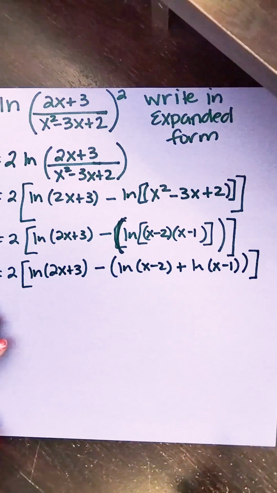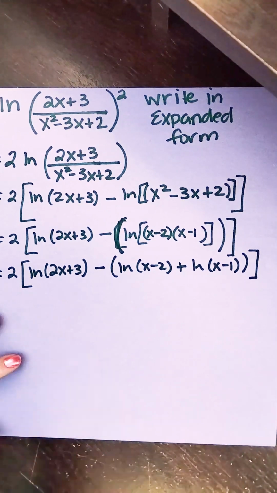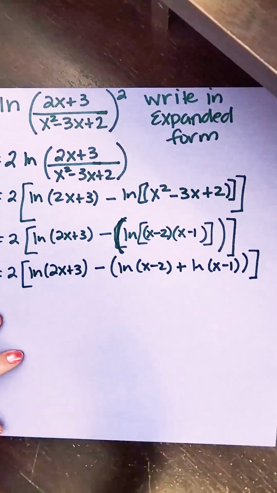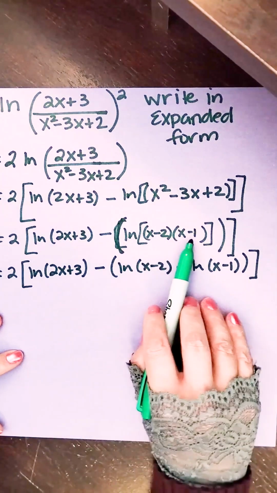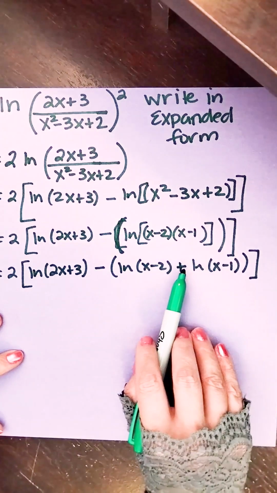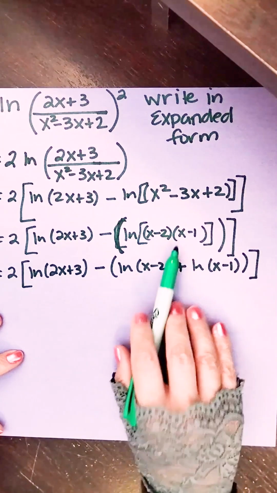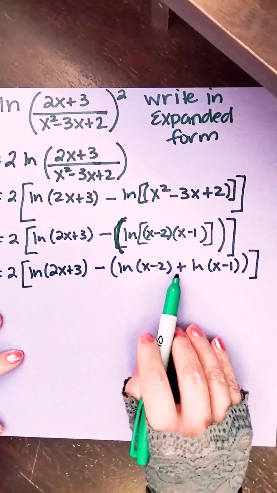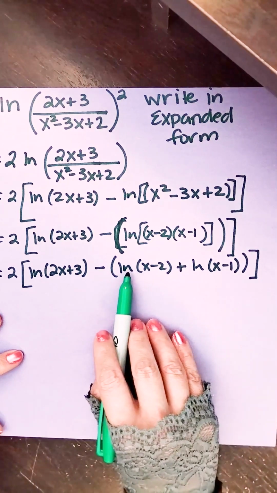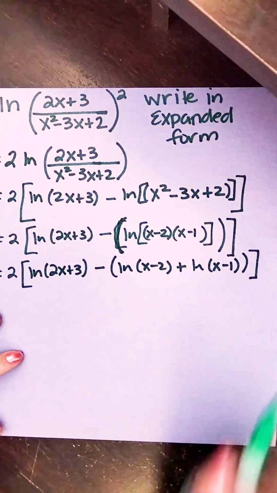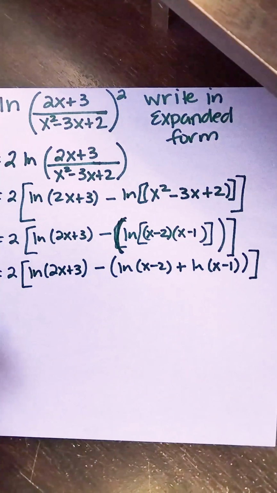Of course, we're using natural log, but just in general, when you have a log of a quotient, it's the log of the numerator minus the log of the denominator. When you have a log of a product, so we have these two factors, we're multiplying them, it's equal to the sum of the log of one factor and the log of the other factor.